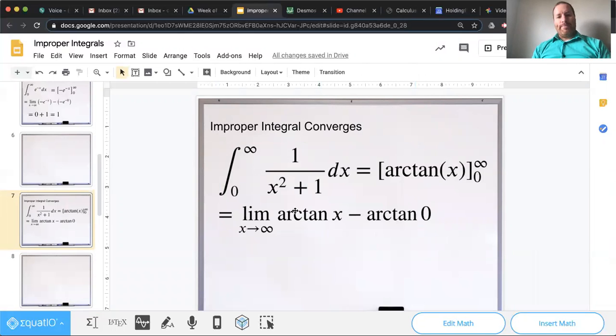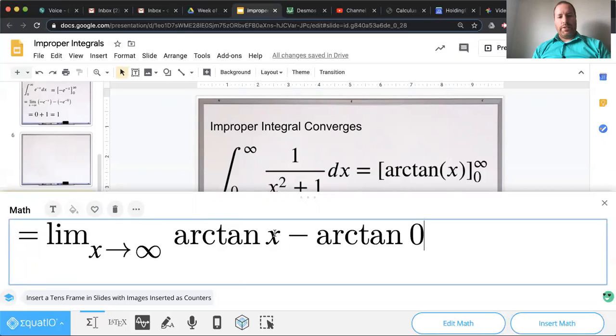Okay. And then we would look at these pieces on there. We could evaluate the limit as x goes to infinity of the arctangent of x. Now, we might not be entirely sure of what that is immediately, but we can kind of figure that out. Because what we're saying is x is getting larger and larger and larger. Basically, we're making a right triangle where the opposite side is just continuing to get larger and larger, right?